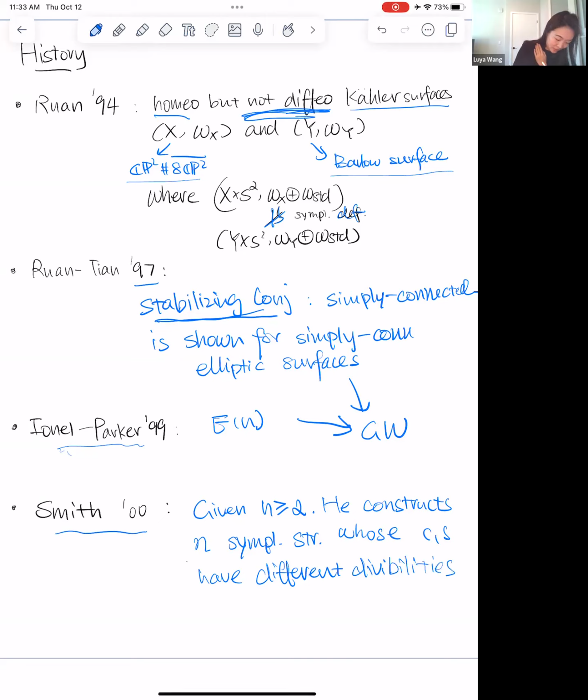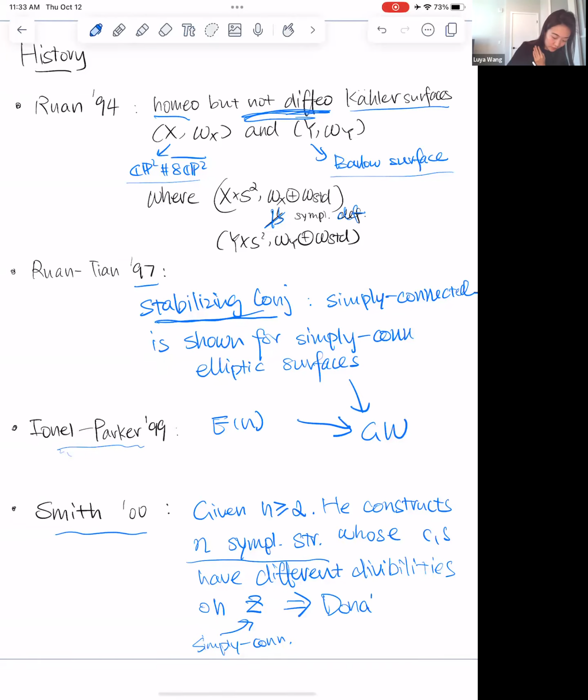I guess he constructs n symplectic structures on the same manifold, we call it Z, and this Z is simply connected as part of his construction. So in particular, his result would show that in Donaldson's question, or the stabilizing conjecture, the stabilization by S2 cannot be replaced by T2.